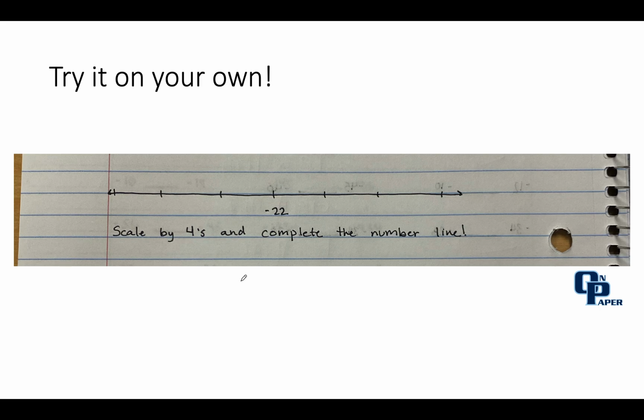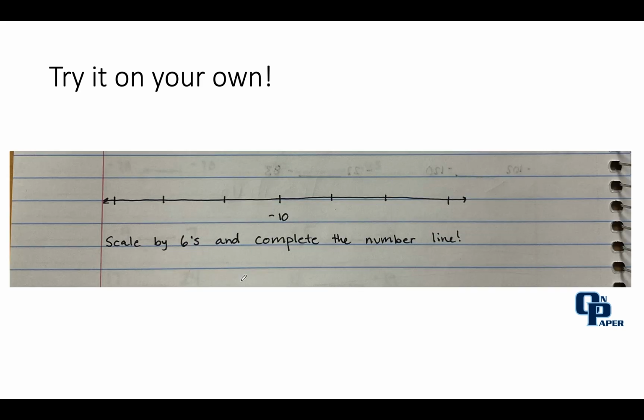Once again, pause this video now and complete the try it on your own problem. Here's our next problem. Scale by sixes and complete the number line. Again, pause this video now and complete the try it on your own problem.